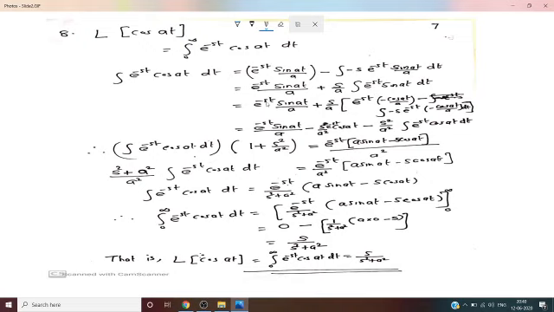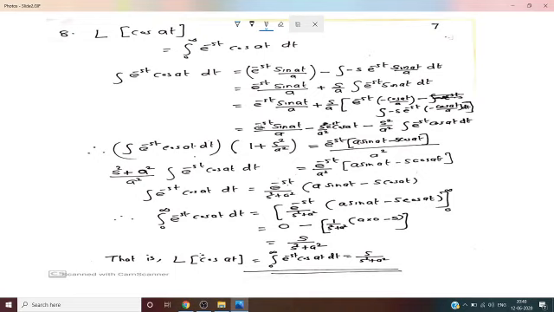That is e raised to minus st into sin a t by a plus s by a into, first function e raised to minus st, second function sin a t. Integral of sin a t is minus cos a t by a, minus integral of the derivative of e raised to minus st, that is minus s e raised to minus st into integral of the second, sin a t, that is minus cos a t by a dt.